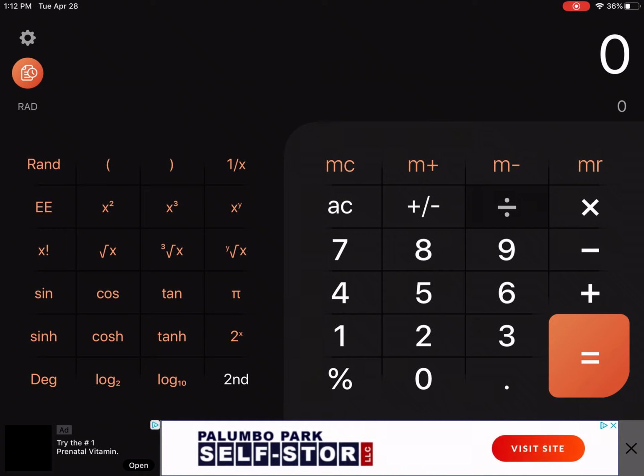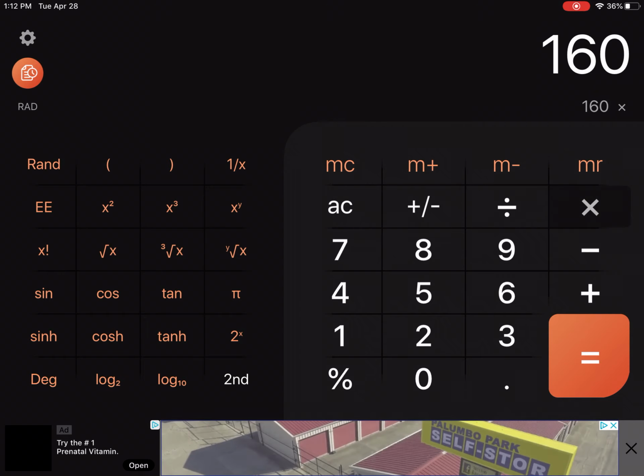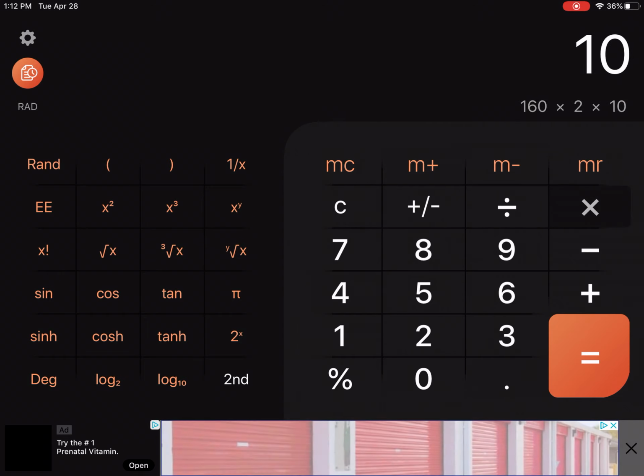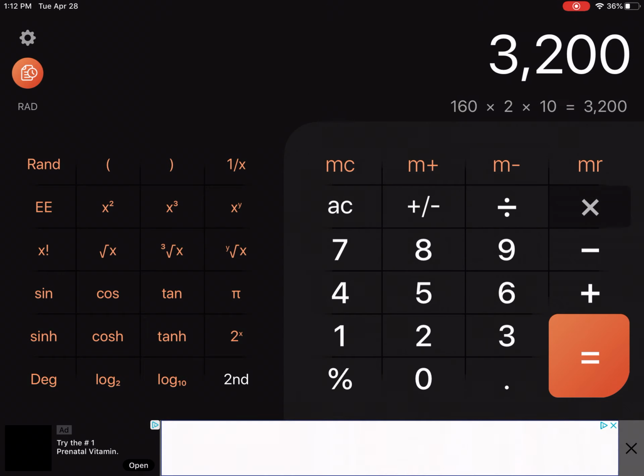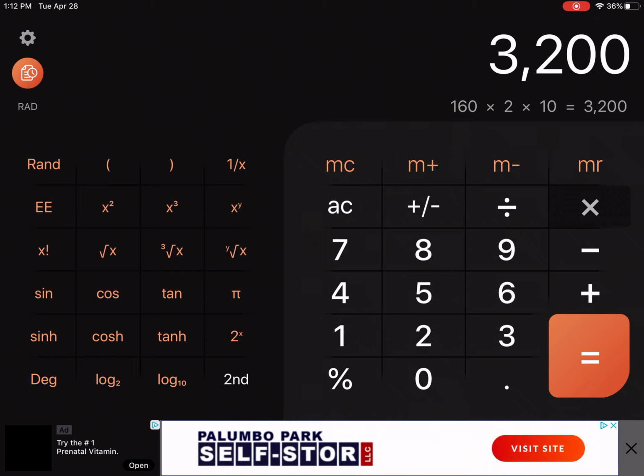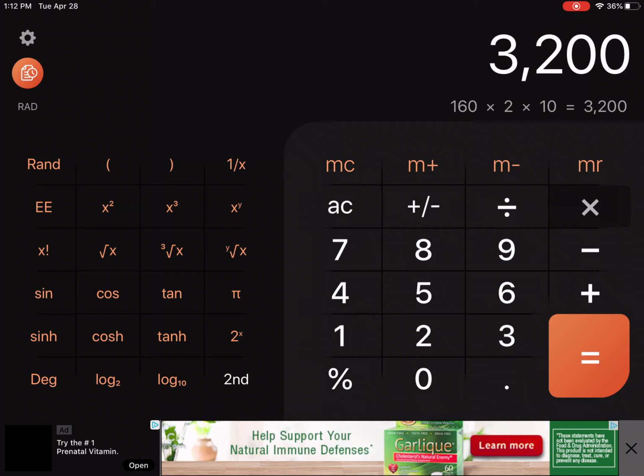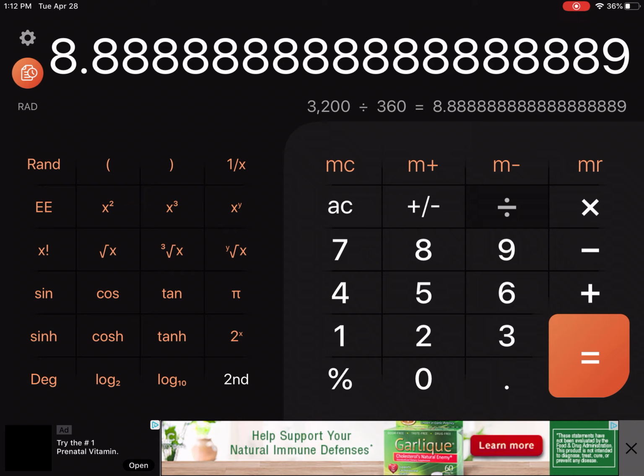So I would do the 160 times 2 times 10, and that's going to give you 3,200, and then you would divide that by the 360 denominator, and then you'd get that same decimal.